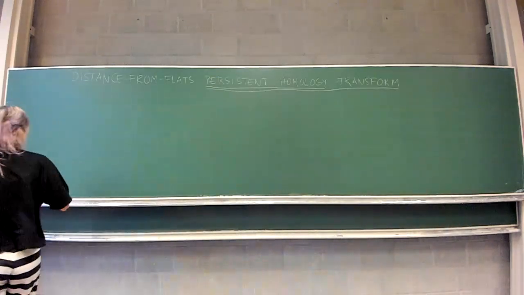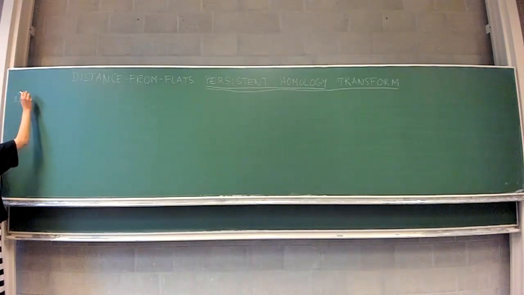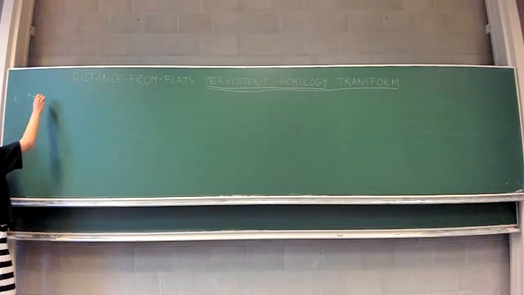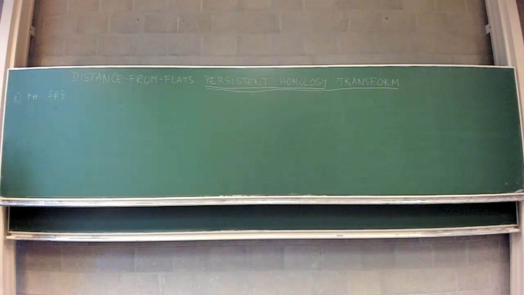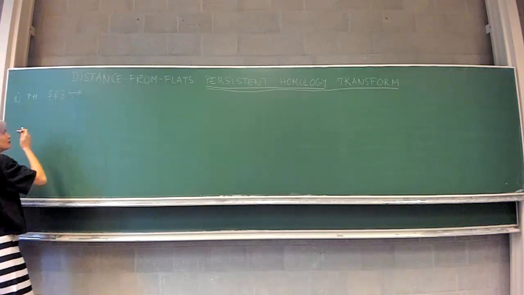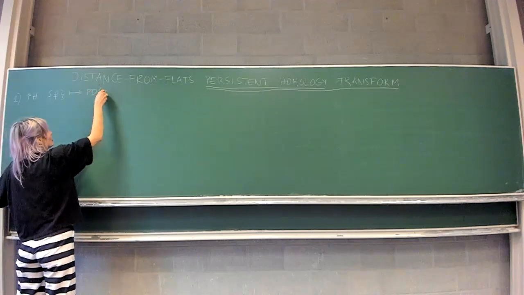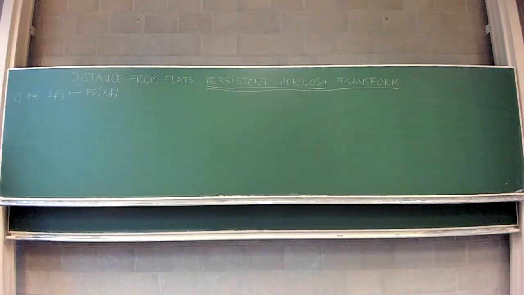Okay, so I said I start first with persistent homology, or PH for short. I will write it in a specific way for a specific reason that will become obvious pretty soon. We can see this as a map that takes some real function, and maps it to a so-called persistence diagram of some space X with respect to this function.